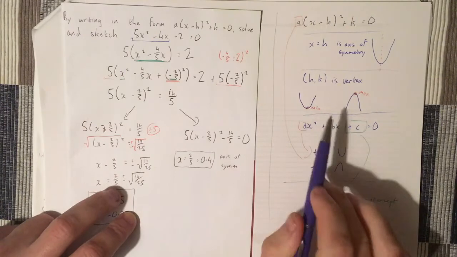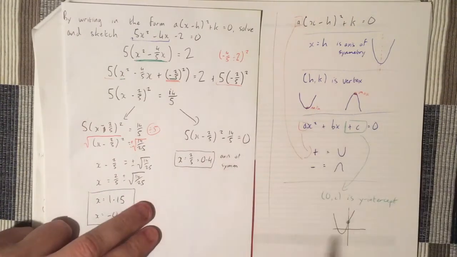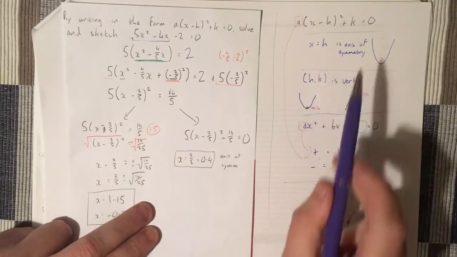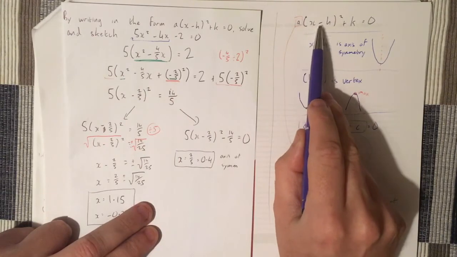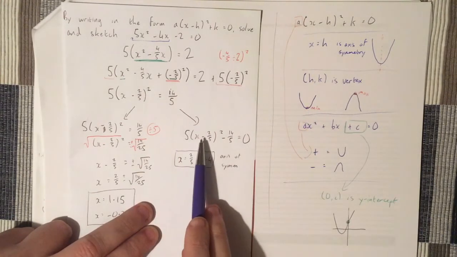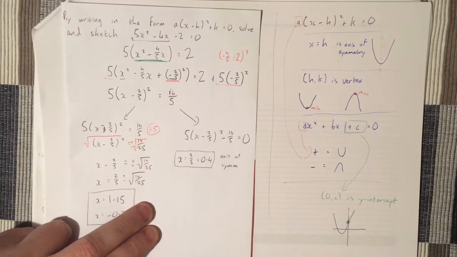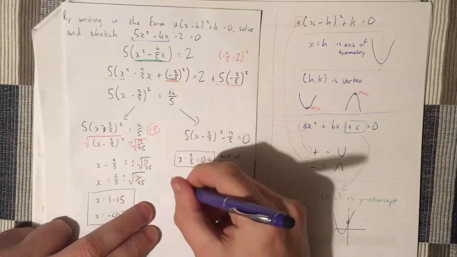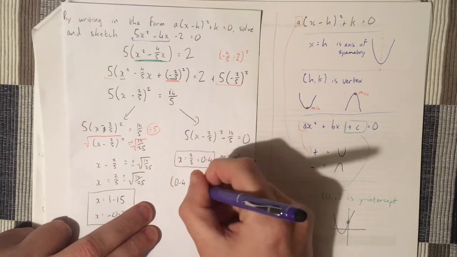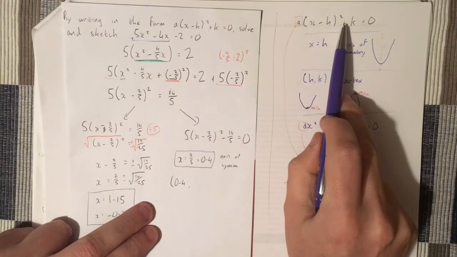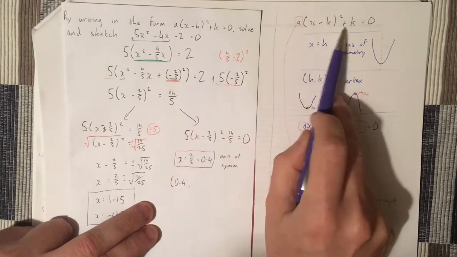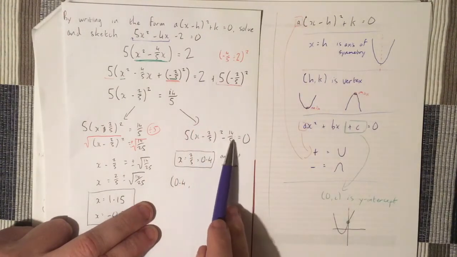My vertex then is going to be h, k. So again, I'm expecting x minus h. So I've got x minus 2 over 5. So 2 over 5 is h. So that's 0.4. And then I'm expecting plus k. So I've got minus 14 over 5.